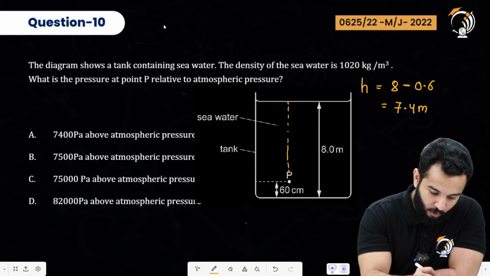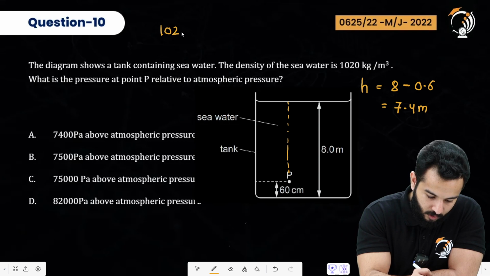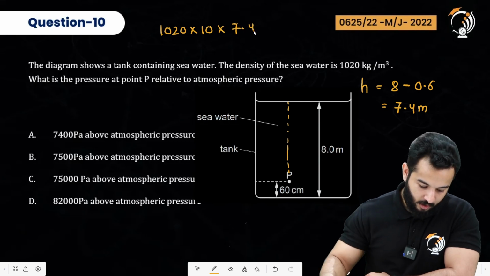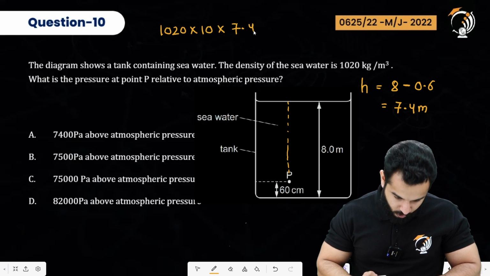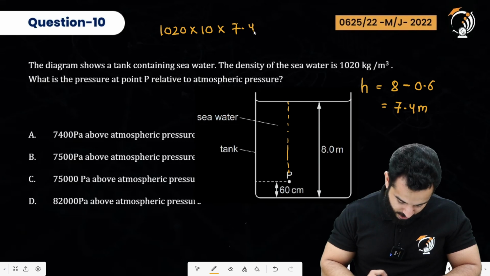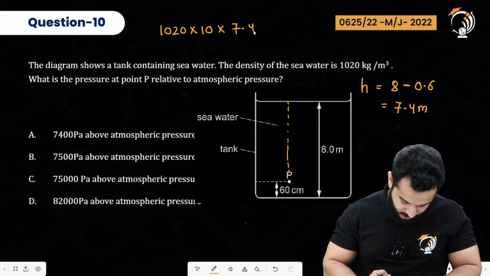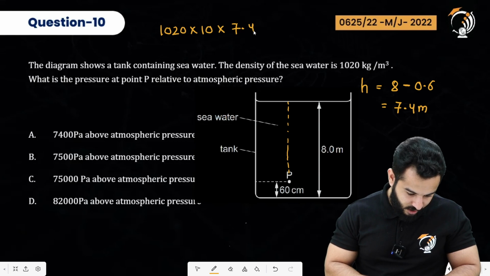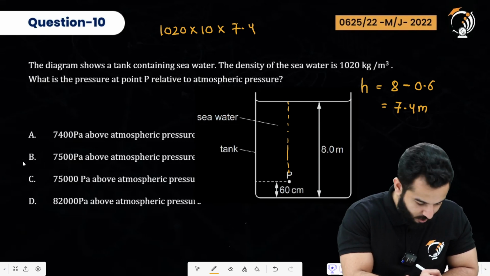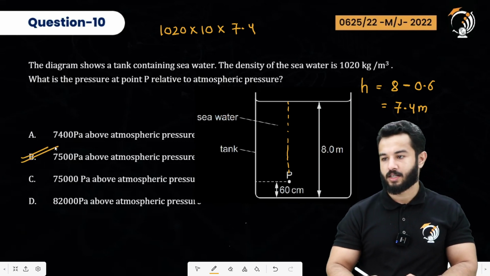So the pressure is going to be rho g, let me take g as 10, and times 7.4. So now this is going to be 1020 times 10 times 7.4. That's around 75,000 above the atmospheric pressure. So 75,000 above the atmospheric pressure is going to be the correct answer.